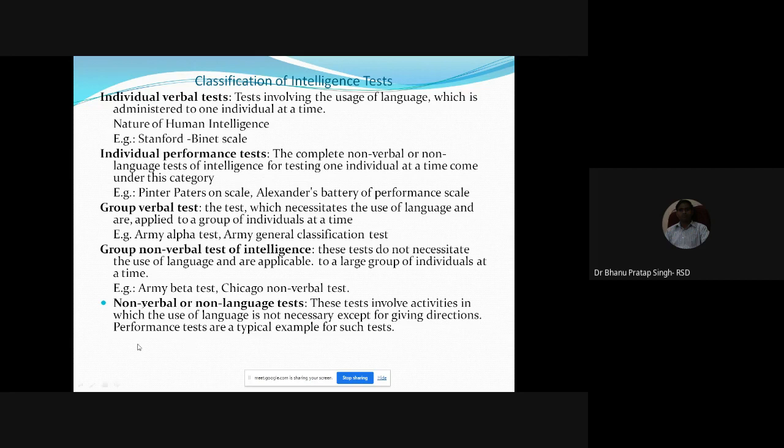So there are so many non-verbal and non-language tests also, which are designed by modern psychologists, and all such tests are available in the psychological labs.